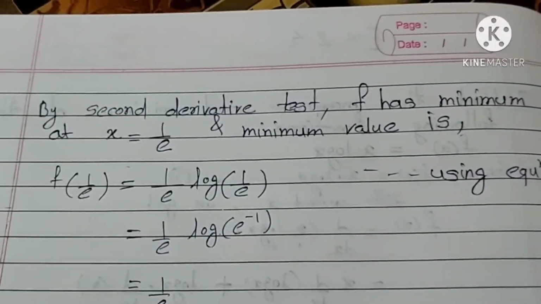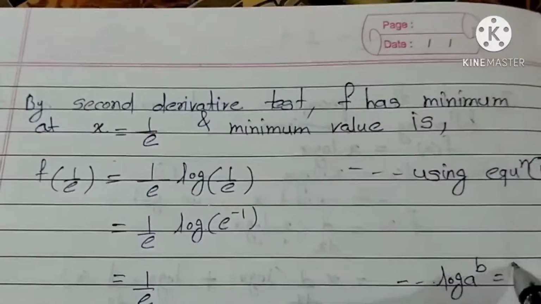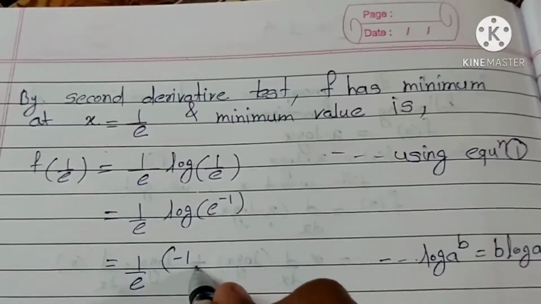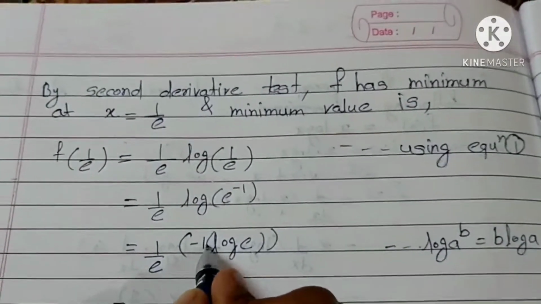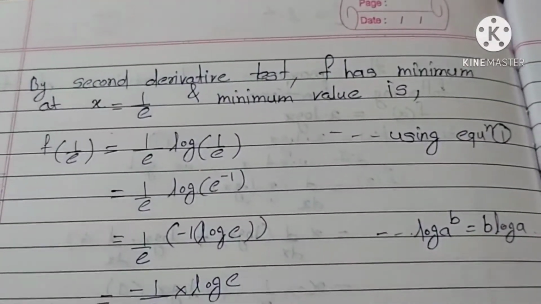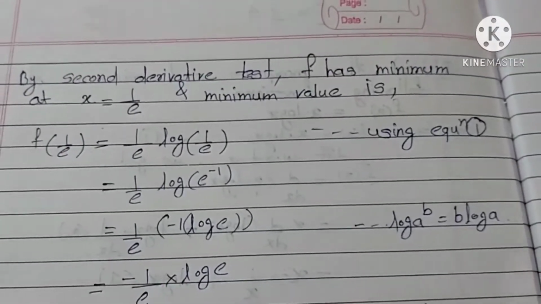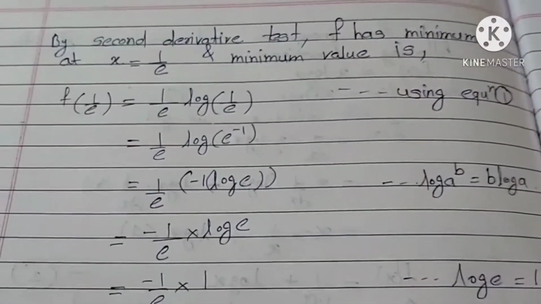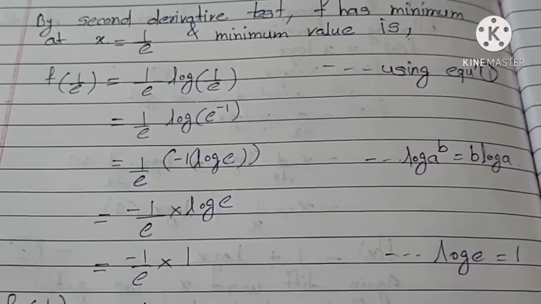Now use the power rule of log: log a raised to b is equal to b log a. So it is minus log e. Now this minus, so it is minus 1 upon e into log e, but we know that log e is equal to 1. So here we get minus 1 upon e into 1, which means minus 1 upon e. This is our f of 1 upon e.